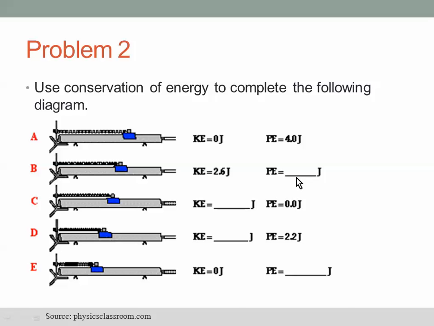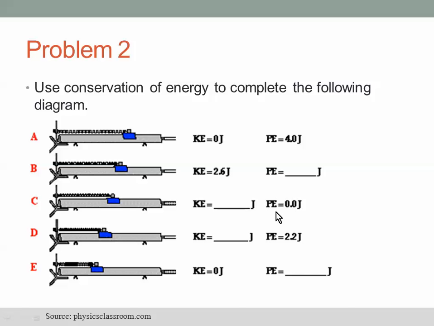You get that answer by noting that energy is conserved. It started at 4 joules, and we take 4 minus 2.6 to get its potential energy, so it should be 1.4 joules. This next point is right in the middle. It's at equilibrium, and you can tell that because its potential energy is 0.